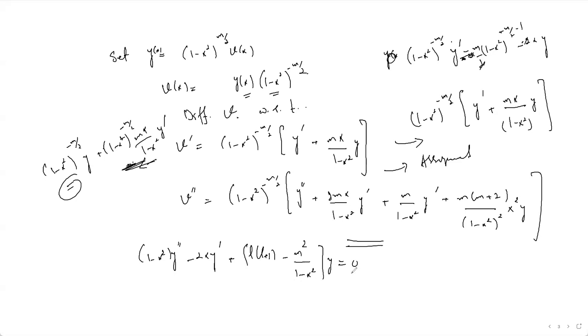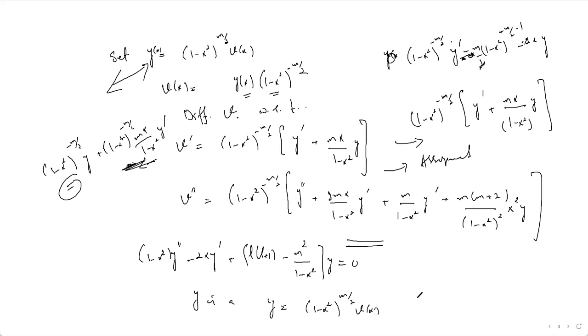So it will satisfy this Legendre differential equation, and we will say that this y, which I had supposed earlier, that is y is equal to (1 minus x square) raised to power m by 2 into v of x.